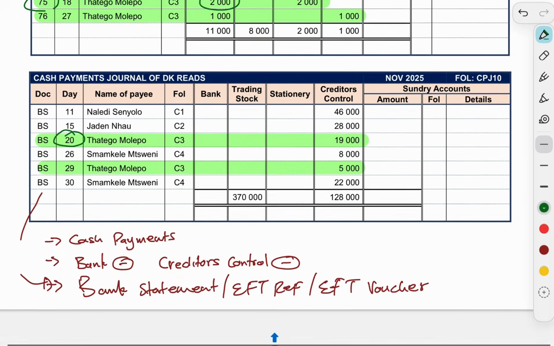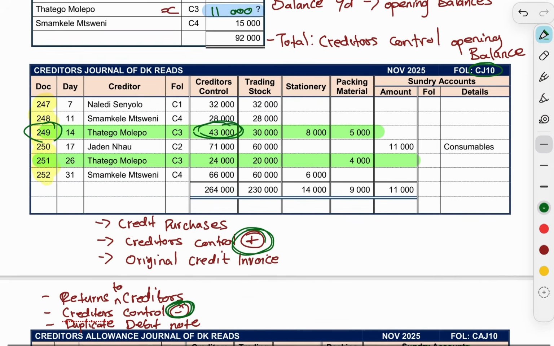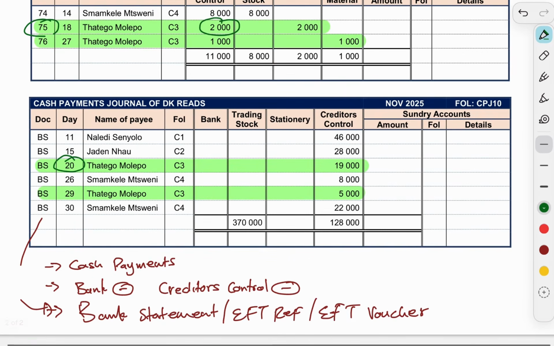So let's go to day 26. Under which journal? It's under the creditors journal. That means there was a credit purchase from Thategô Molepo, and the amount is 24,000. But there's something I also need to clarify.